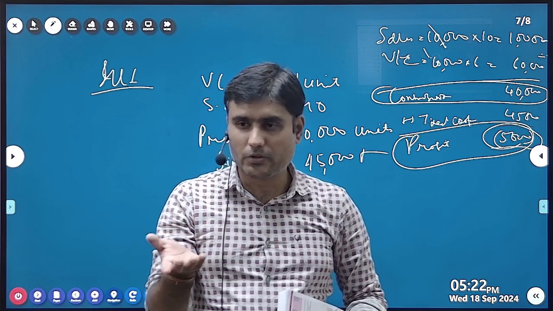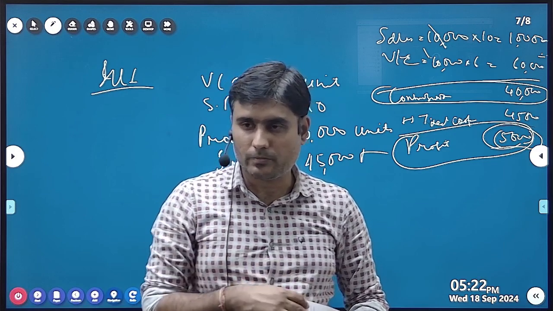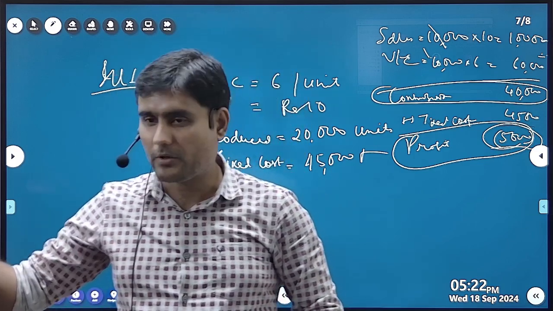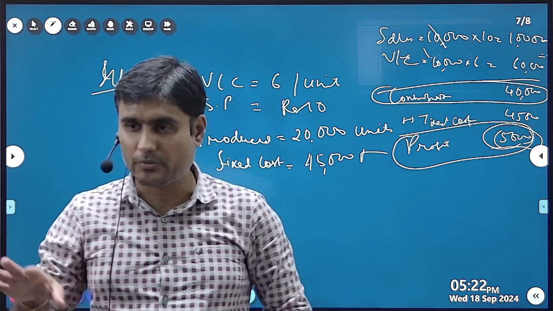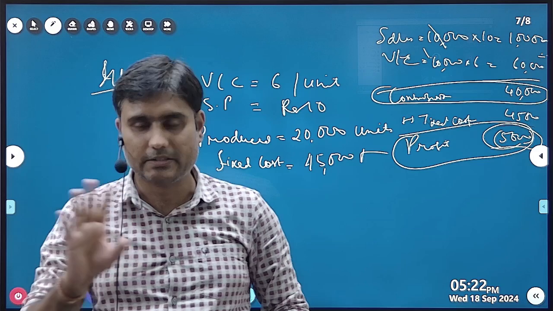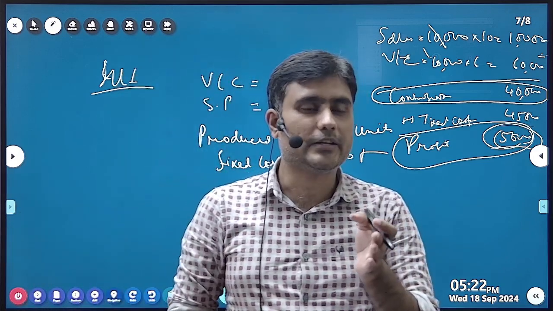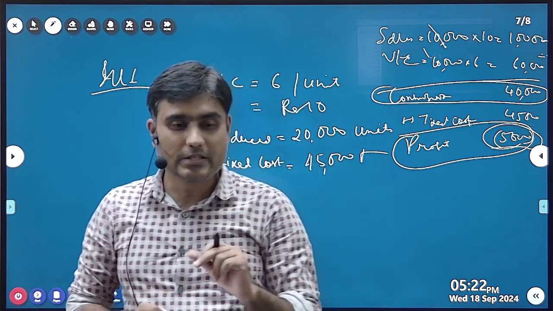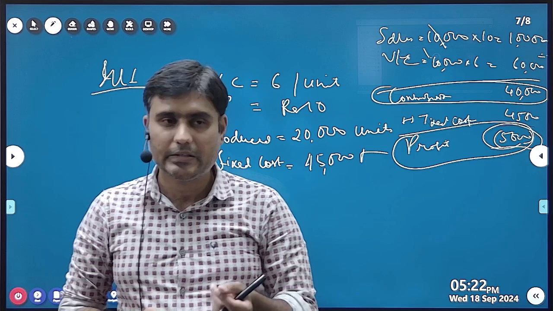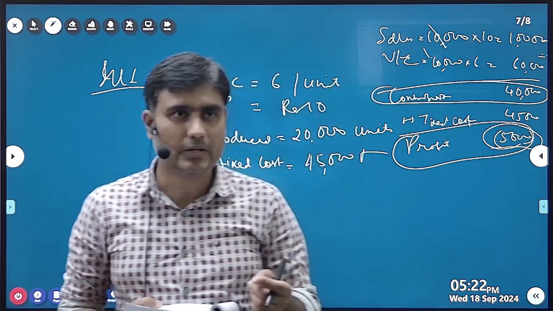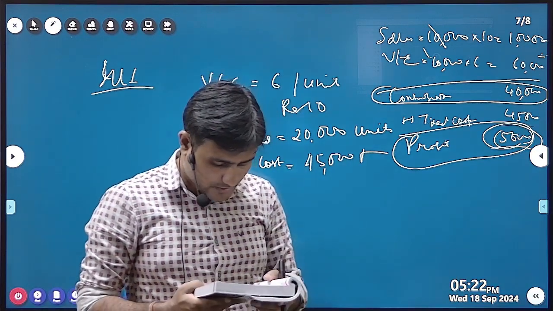Fixed cost you are going to incur whether you manufacture that additional unit or not. You have to keep the watchman, the accountant, and run the same electricity bill, etc. But with the manufacturing of that one additional unit, the additional cost that you incur is your marginal cost. That's why it is also known as out of pocket costing.